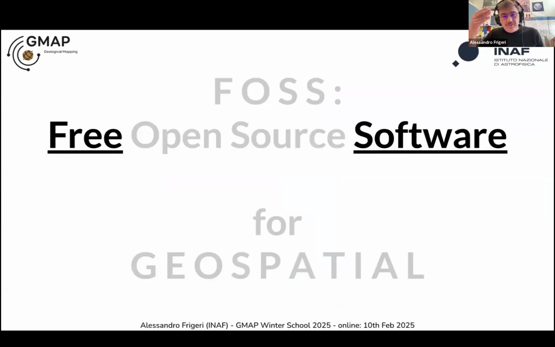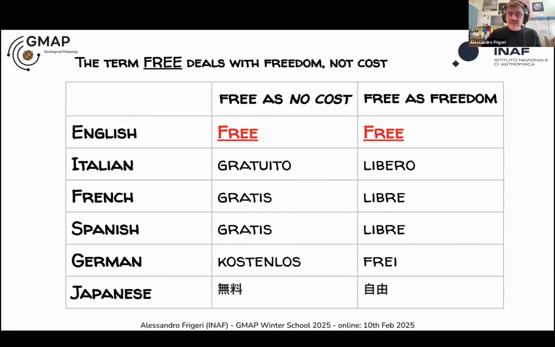Let's go with free software. With free software, we have to shift our focus to the language, because we are using English as the language of this school. And in the case of English, we have to discuss what free means, because for a lot of languages we speak about free software. For example, in Italian it is software libero, which we have to translate as free software with free as freedom and not free as no cost.